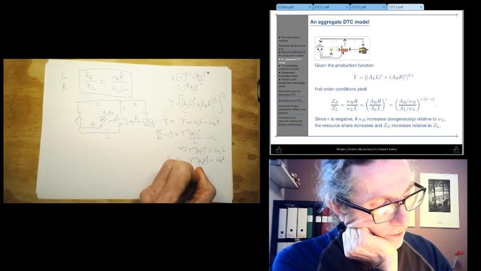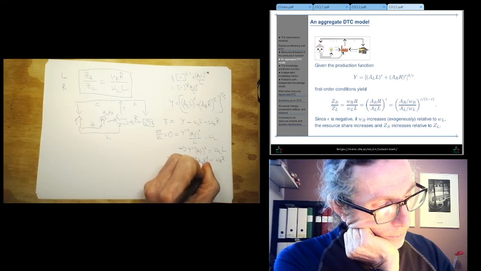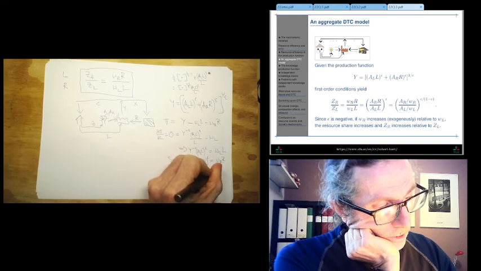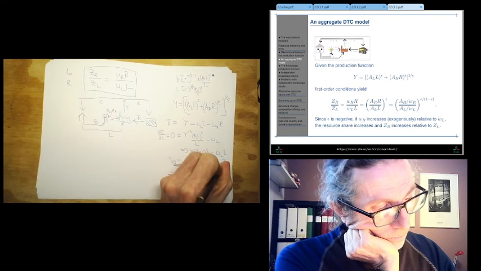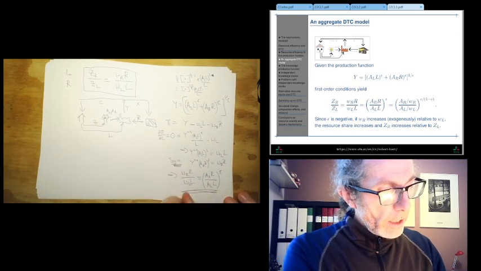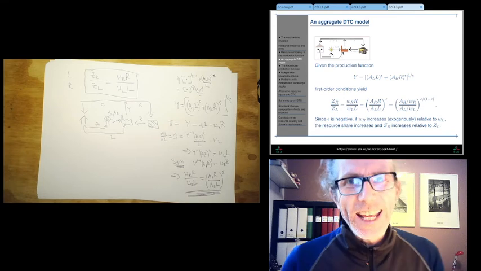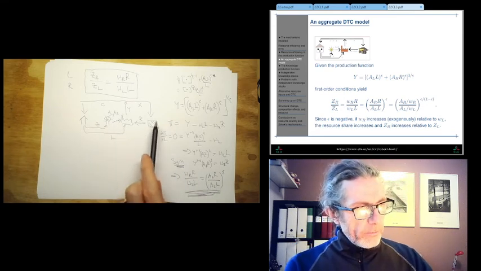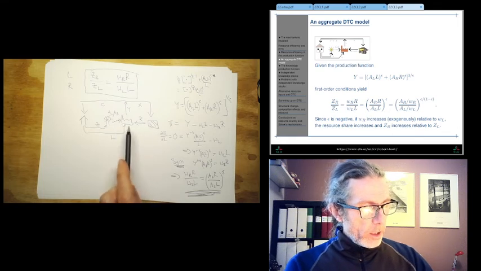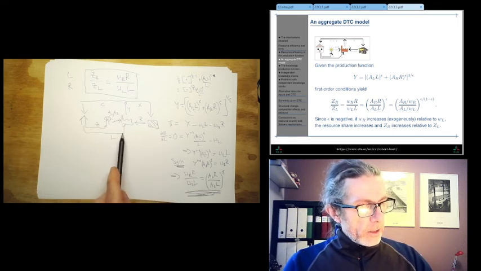The y's go out, and we end up with ARR over ALL all to the epsilon.